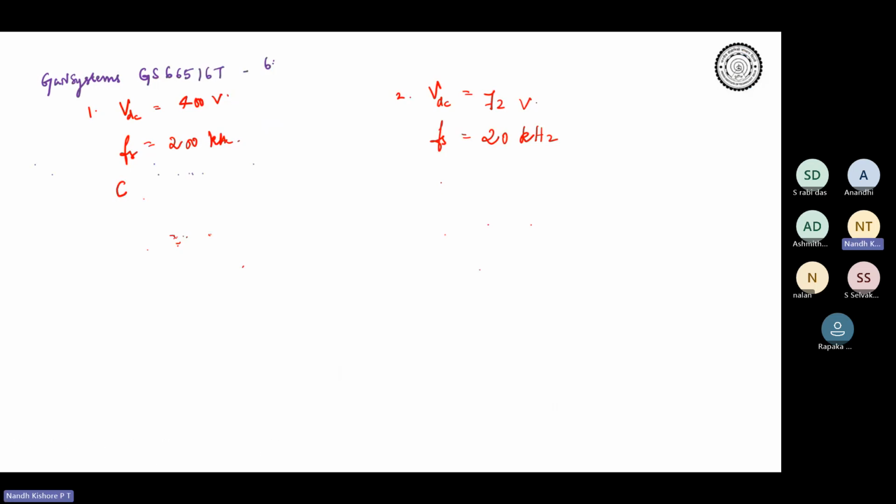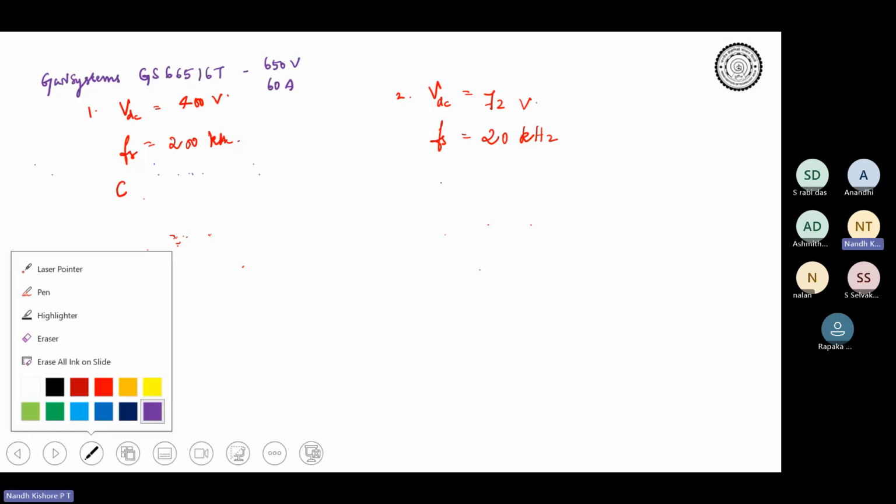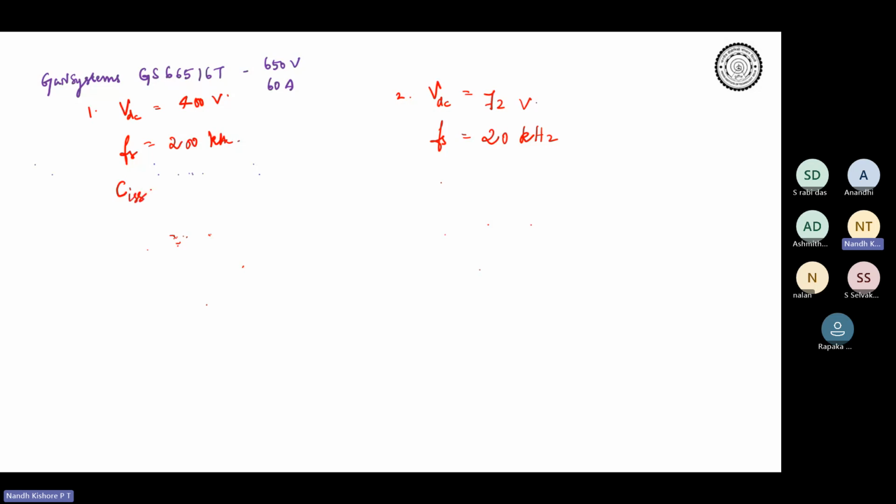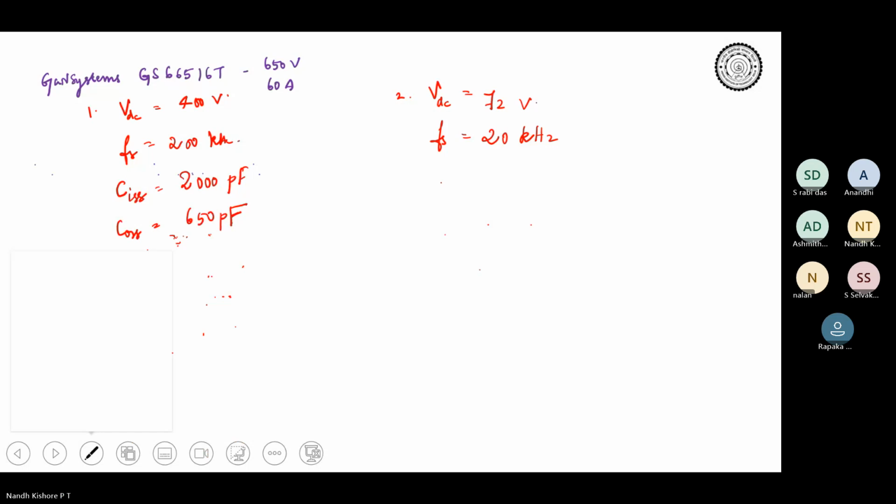This is rated for 650 volts and 60 amperes. I don't exactly remember its capacitance values, but just for discussion's sake, let me say CISS is around 2000 picofarad, COSS is somewhere around 650 picofarad. I'm not exactly able to recollect, but somewhere around this. And let's say over here, this is an EPC device.